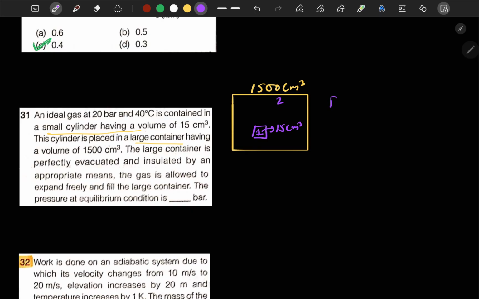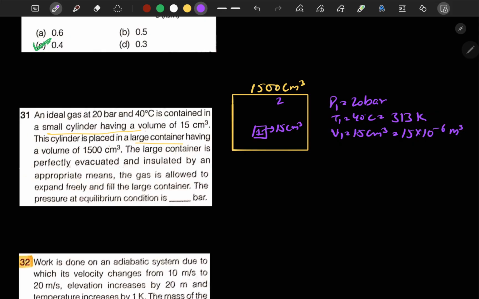For state 1 we have pressure P1 equal to 20 bar and temperature T1 equal to 40 degrees Celsius, that is 273 plus 40, which will be 313 Kelvin. And volume V1 is given as 15 centimeter cube, that will be, if we convert it into meter cube, since 1 meter is 100 centimeter, 15 into 10 power minus 6 meter cube.